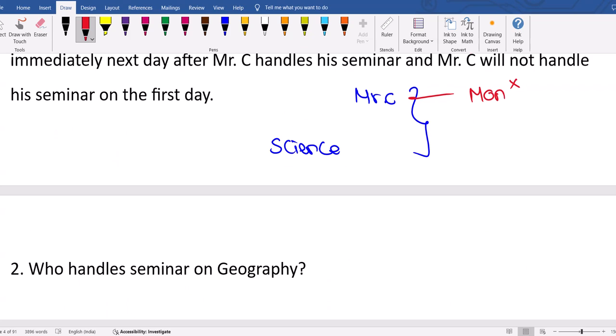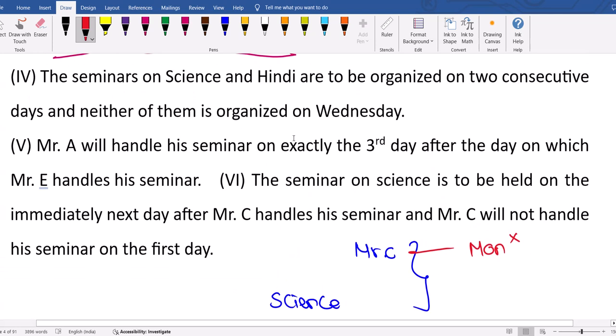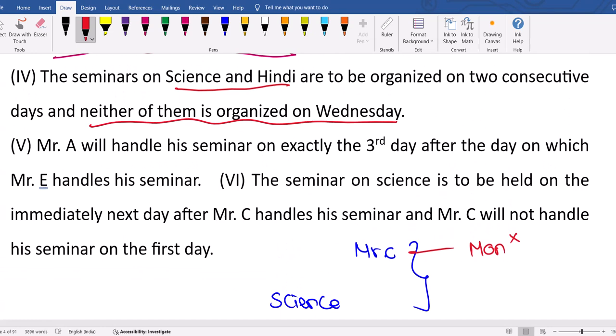Sir, why can't you take C on Tuesday? You may argue, why can't you take C on Tuesday? If I take C on Tuesday, science will be on Wednesday. But you have information before that science and Hindi are not on Wednesday. So I cannot take C on Tuesday.